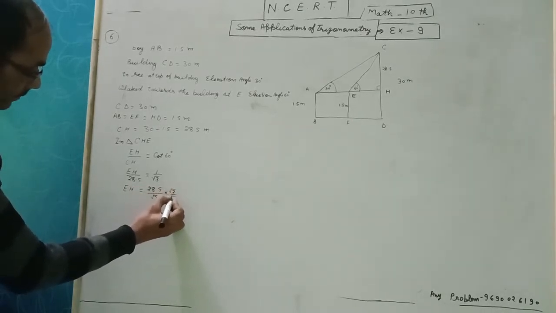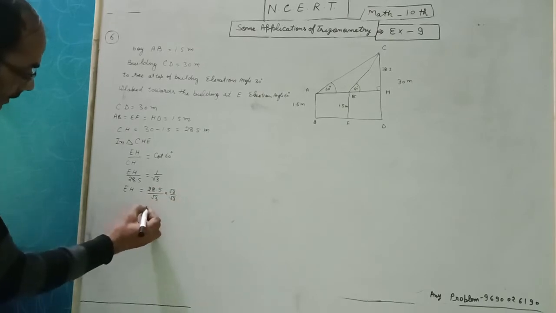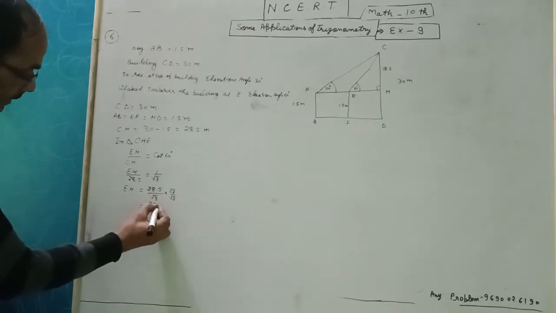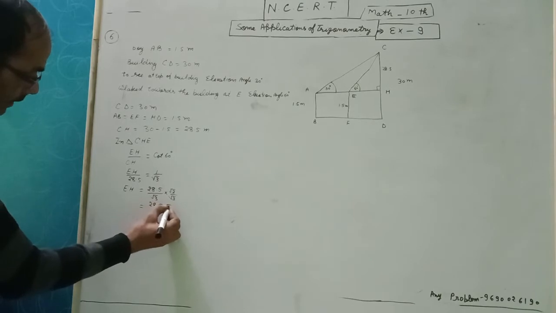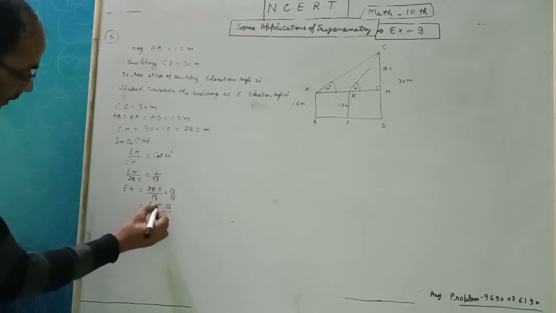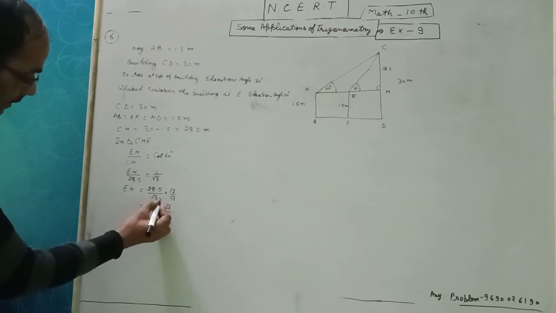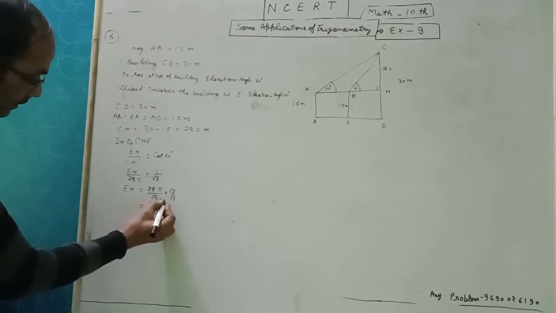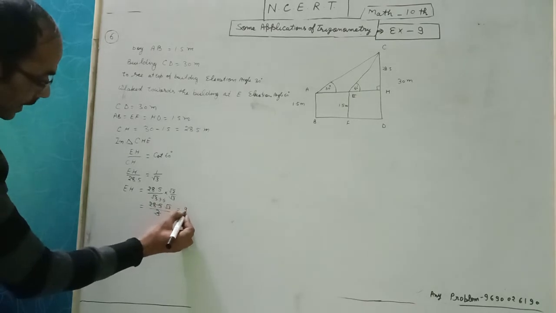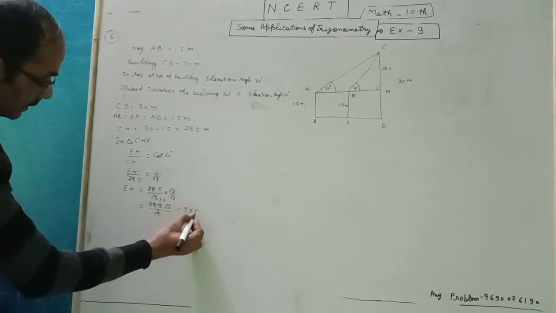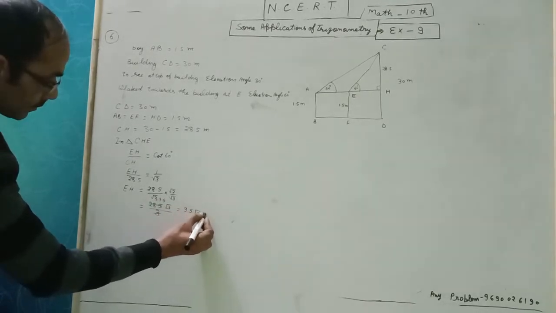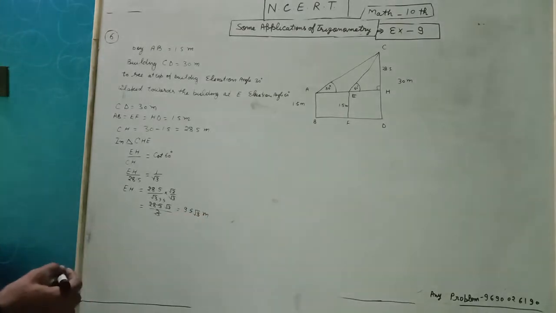Rationalization is equal to 28.5 under root 3 upon 3, after multiply 9.5 under root 3 meter is the EH value.